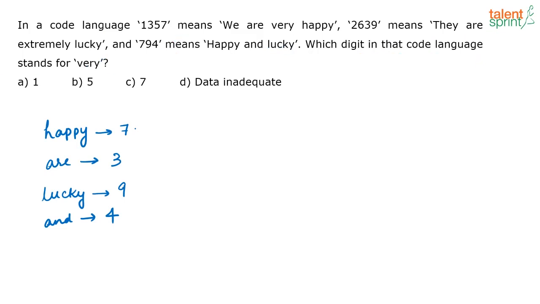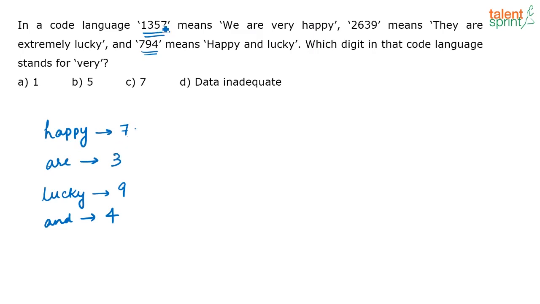Now if I compare the first set, 1357, we are very happy, and 794, happy and lucky. Which is the common word there? Only common word is happy. And similarly, if you look at the code, the common number is 7. So what does that clearly mean? The code for happy is 7. Okay. Now next.